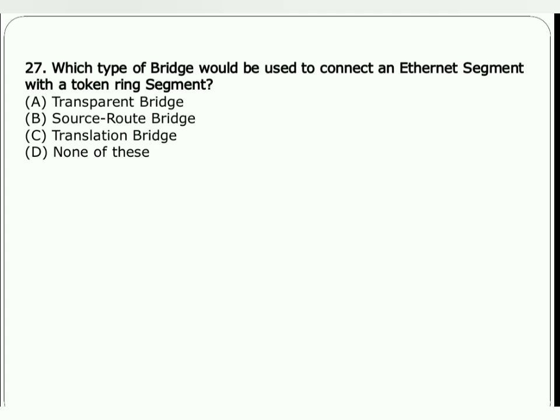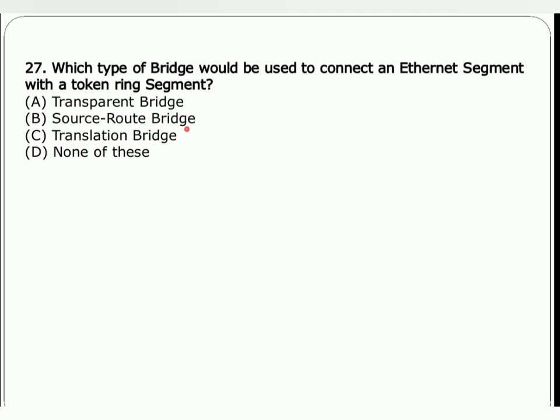Let us know about the remaining options also. What is a transparent bridge and what is meant by a source routing bridge? Transparent bridges are devices which connect more than one network segment with other bridges to make all the routing decisions.